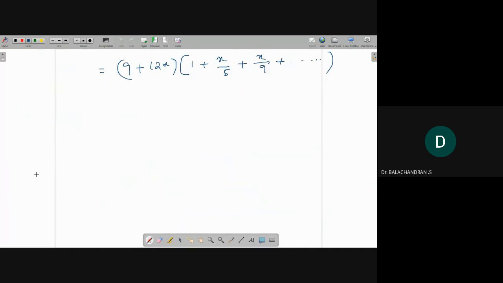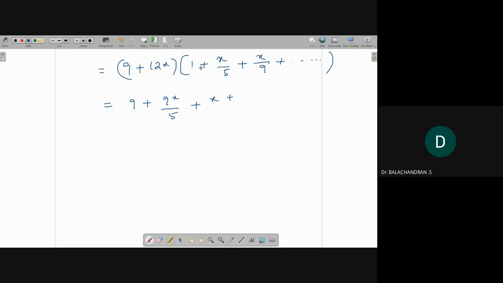So now this is equal to, if I multiply by 9: 9 into 1 is 9, plus 9 into x by 5, that is 9x by 5, plus 9 into x by 9, that is x.